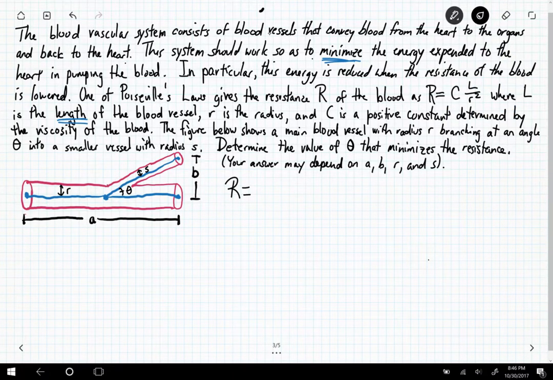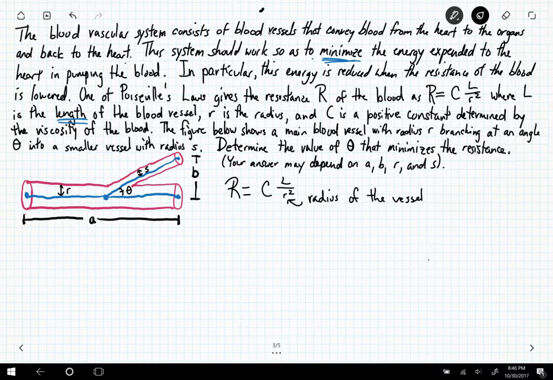R equals C times L over R squared, where this R though is the radius of the vessel. Don't confuse that with the R here and the S here. They're two different vessels. We're going to have to work with them.